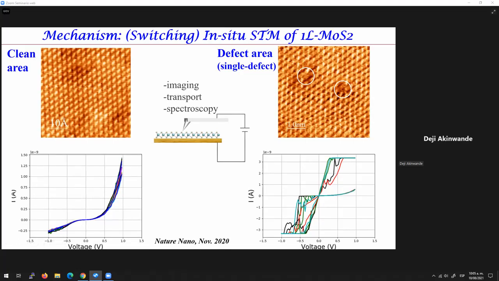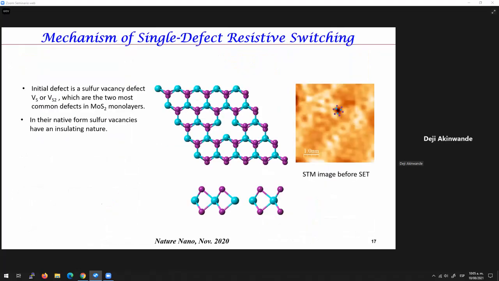So we could conclude that defects are playing a role. However, that's not the full picture. So I challenged my postdoc, Sivan Haas, to see whether we can actually do imaging and transport sequentially before and after switching.